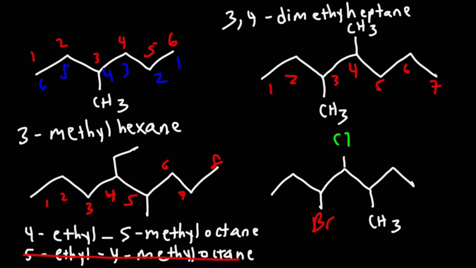Now for the next example, we have a total of 7 carbons. If we number it from left to right, the substituents will be 3, 4, 5. And the same is true if we number it from right to left. But Br alphabetically should be listed first, so we want that to be number 3 instead of number 5.